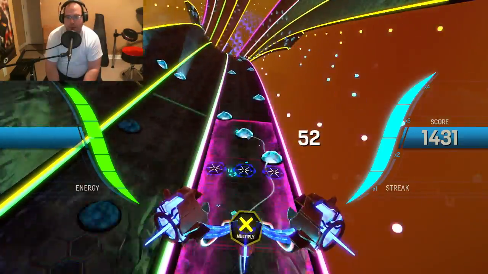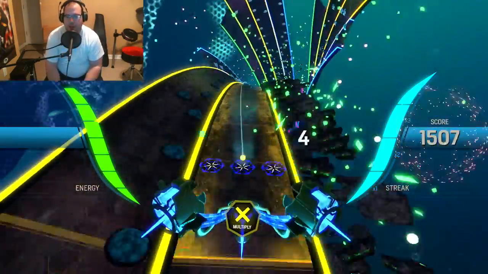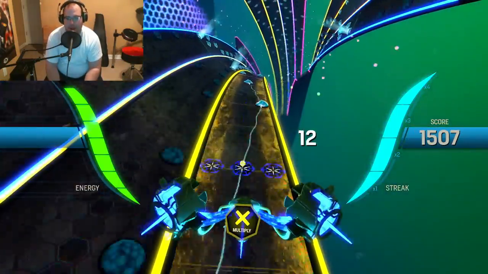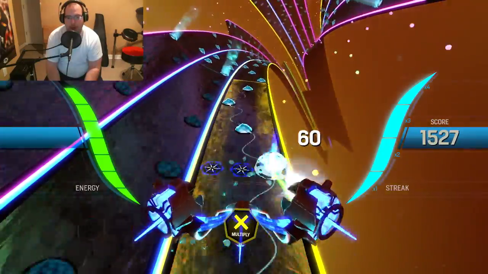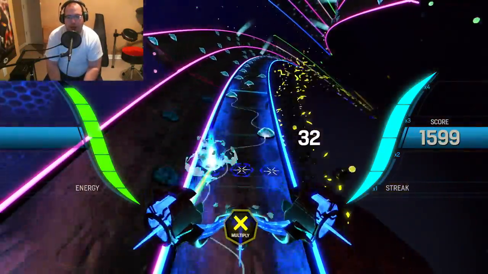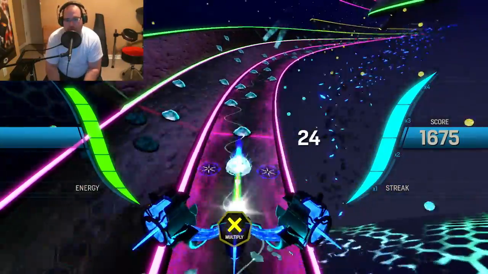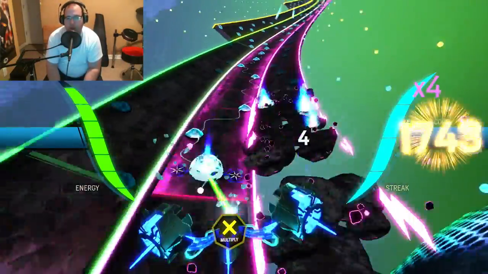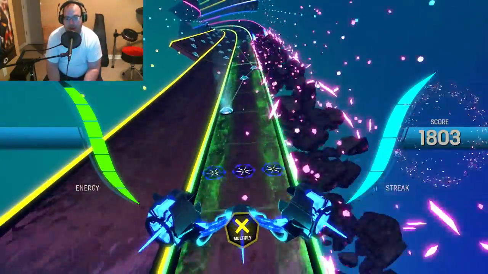I use my peripherals mainly when a difficult track is coming up and just getting prepared for it. And I also use it to scope out multipliers that are coming up. So those are the visual tips that I have for you guys.